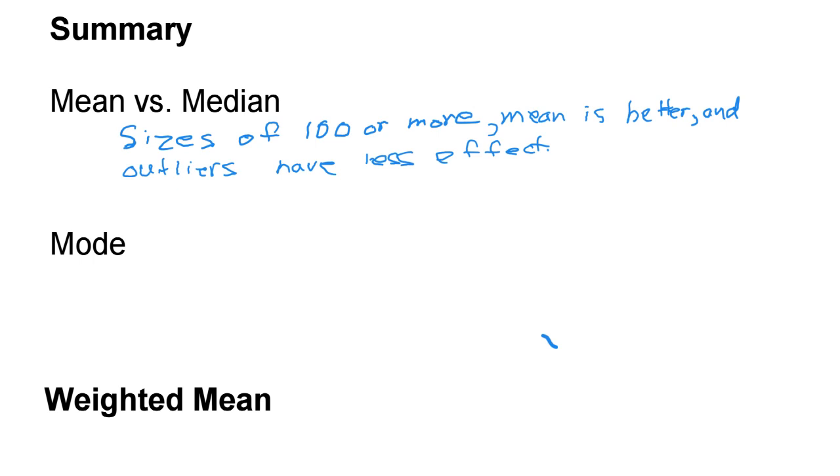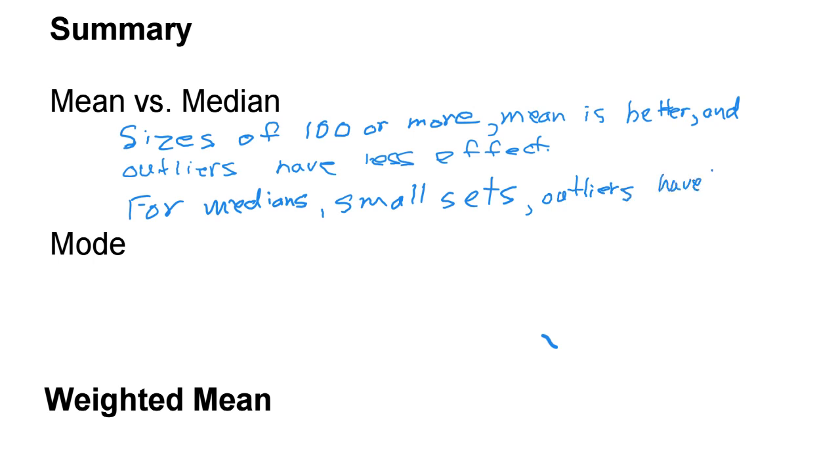But for medians with small sets, the outliers have less effect on the median. That's all.